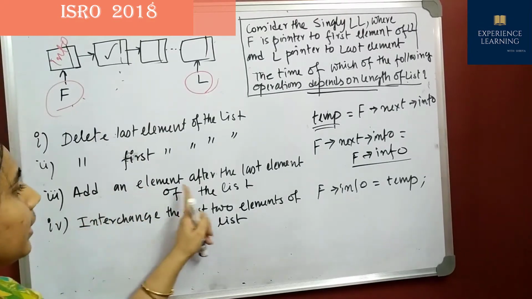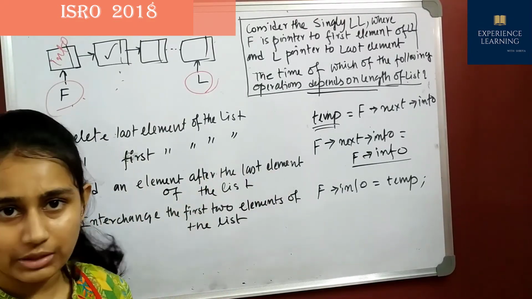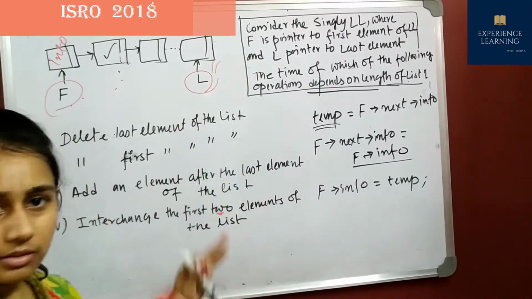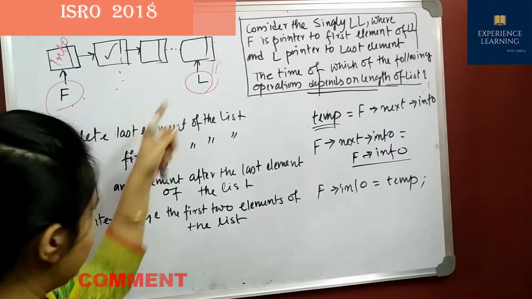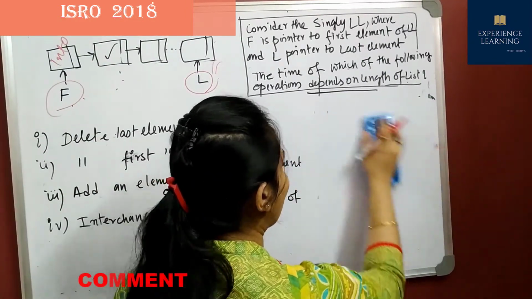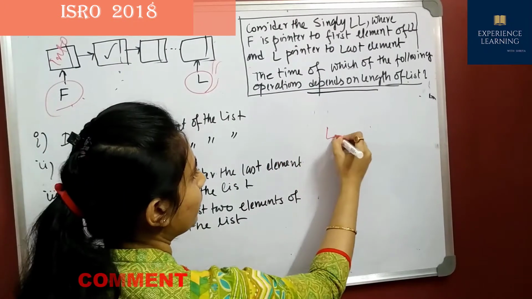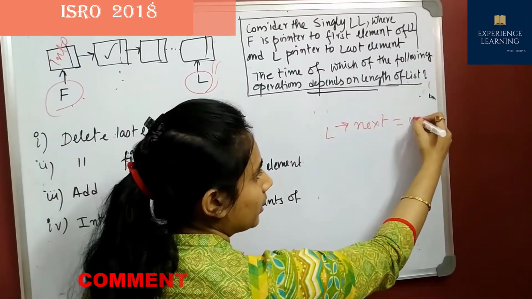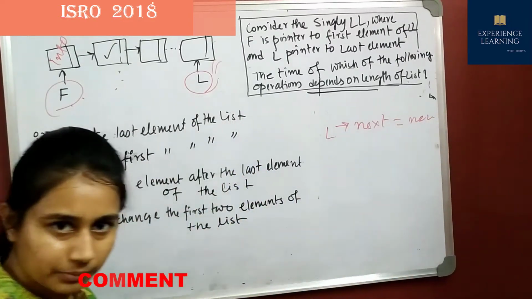Next, add an element after the last element of the list. Very easy. As we have the second pointer, which is pointing to the last element, you can add it easily. You can write L next equals the new node.